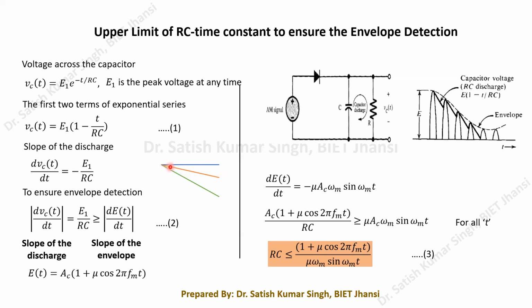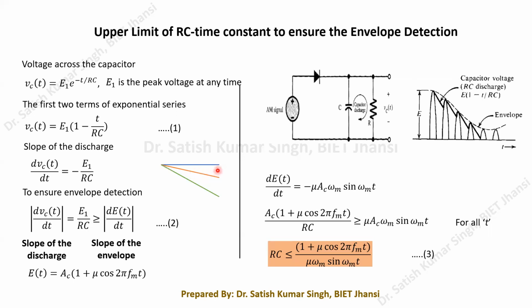Then obviously the slope of the envelope should be less than the slope of the discharge, or the maximally possible value is that the slope of the discharge is equal to the slope of the envelope.